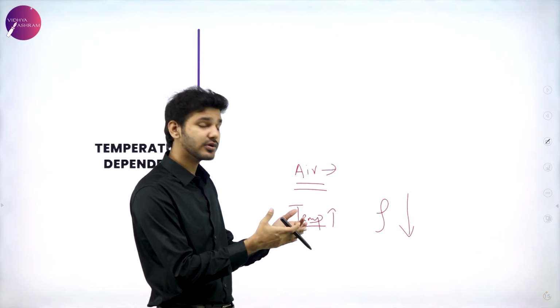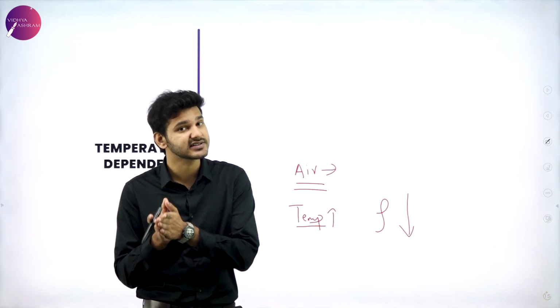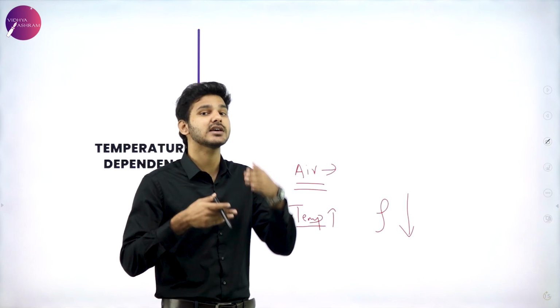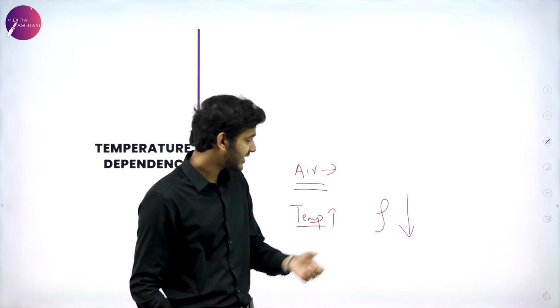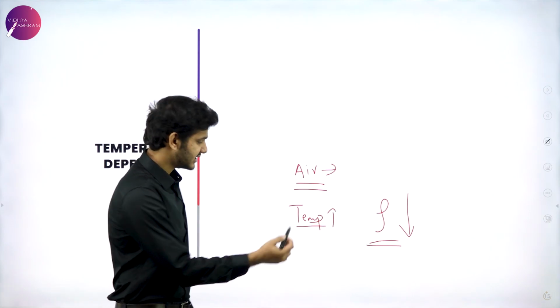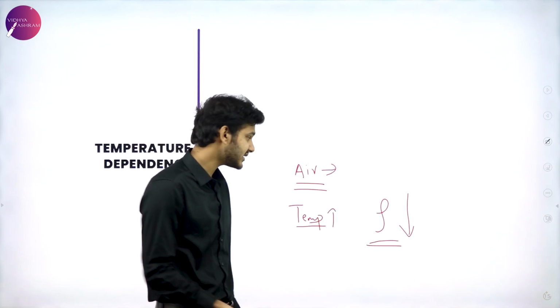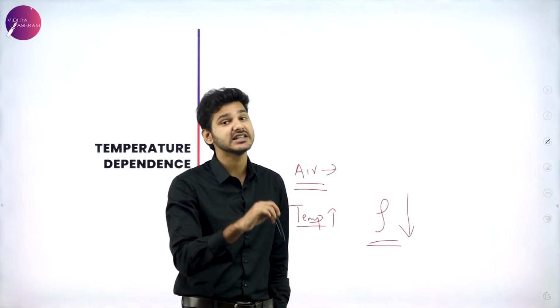So adding impurities to certain materials can affect their conductivity or resistivity. That will be discussed in the coming chapter, semiconductor electronics. But for now, remember that resistivity is dependent upon temperature. As temperature increases, the resistivity of insulating materials goes really down.